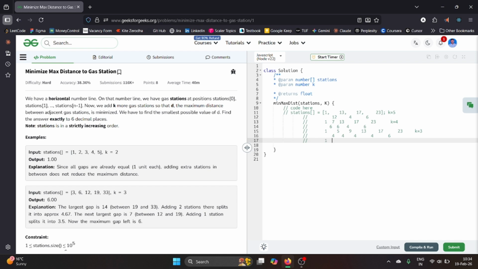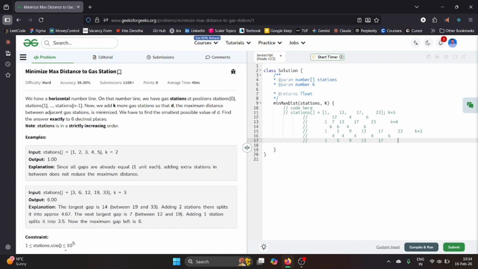So first over here, second at the fifth position, third at the ninth position, fourth at the 13th position, fifth at the 17th position, and we have to put our new gas station in between them.